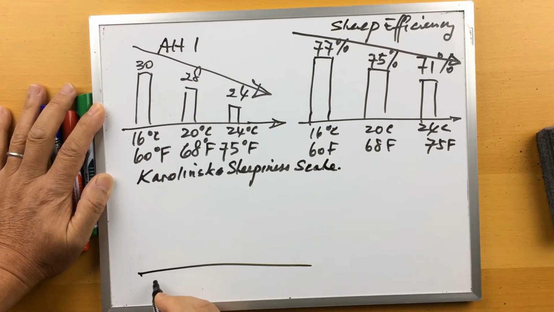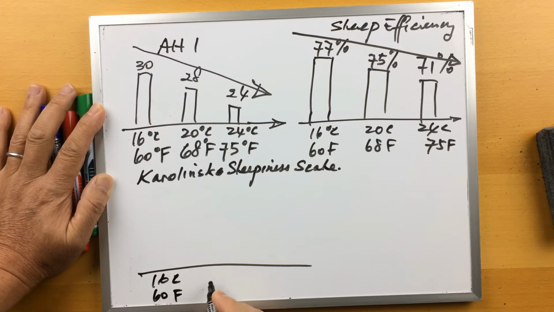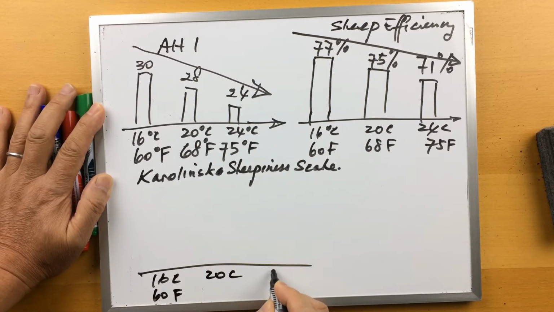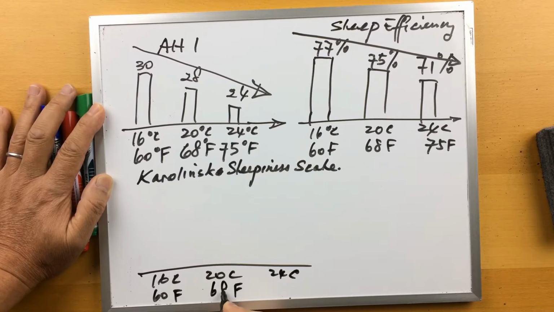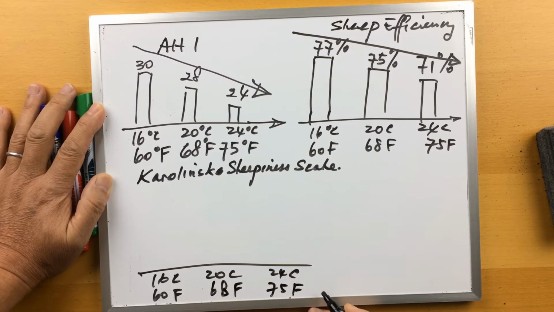And here is again 16C, 60 Fahrenheit, 20C, 68 Fahrenheit, and 24C, 75 Fahrenheit.